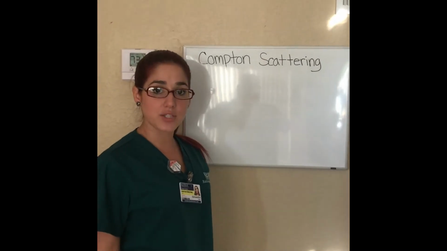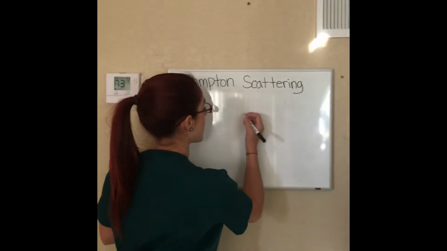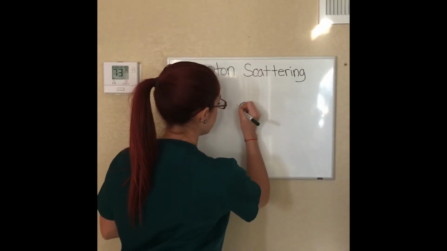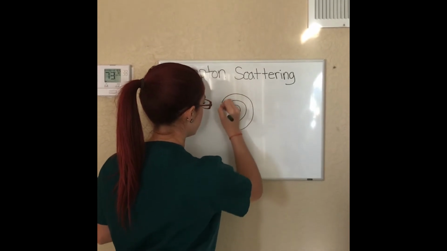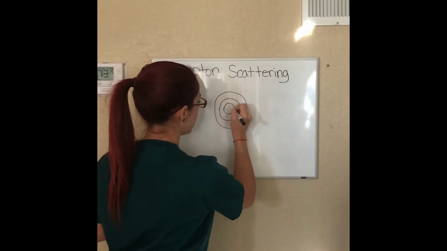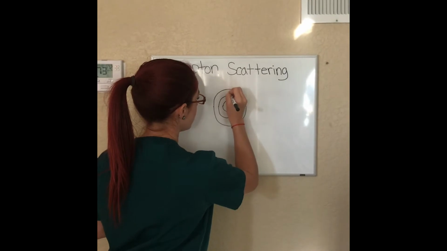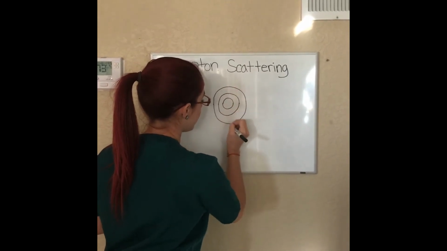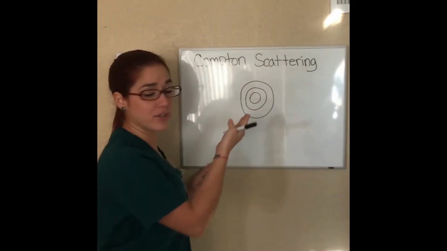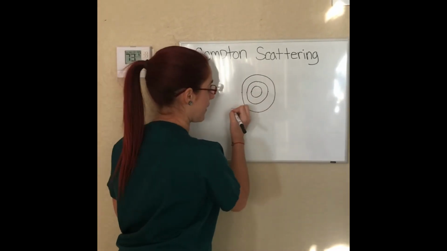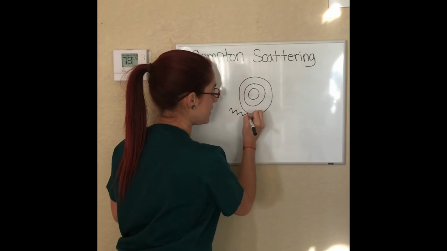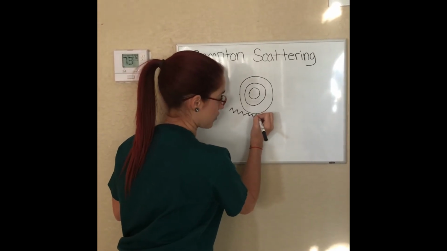The next interaction we're going to be talking about is Compton scattering. Unlike the low energy photons that hit the inner shell electron during photoelectric absorption, during Compton scattering, a high energy photon hits an outer shell electron.